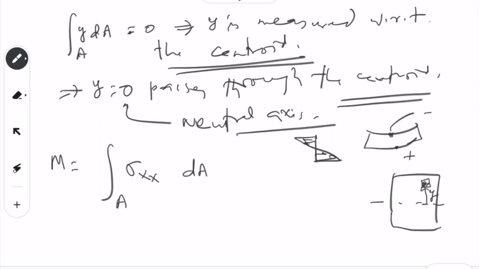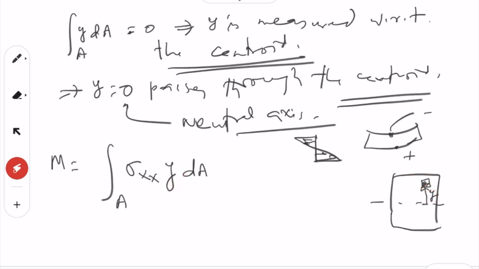Sigma xx is negative here and y is positive, so everything will be negative.